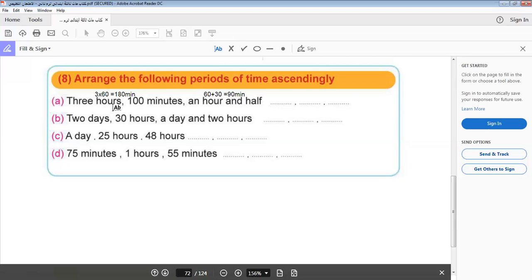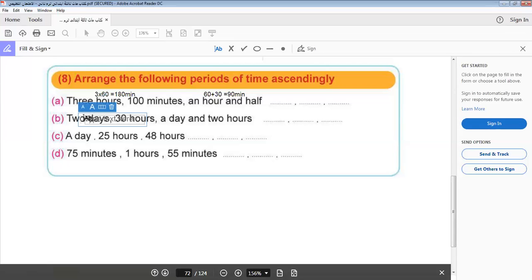Okay. Number 2: 2 days, 30 hours, a day and 2 hours. A day and 2 hours, they are in one place, a day with 2 hours. So 2 days here, 30 hours, so convert all of them to what?